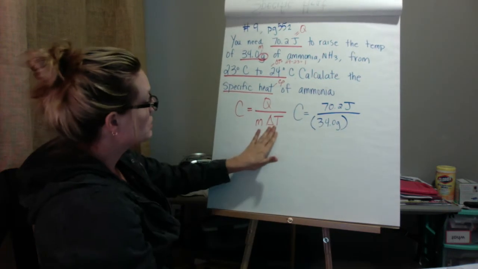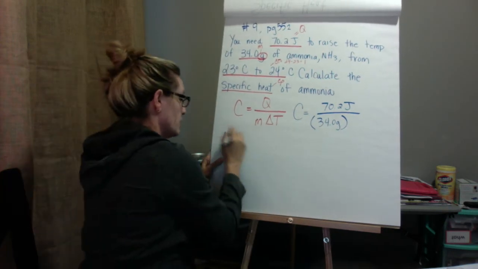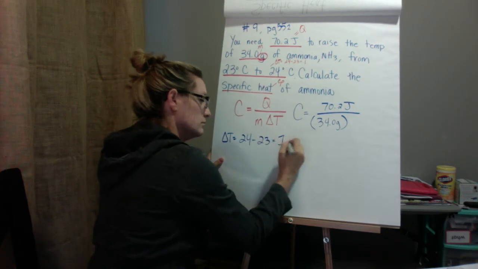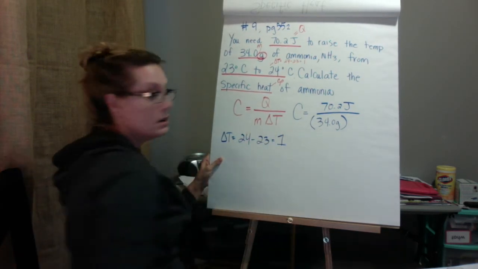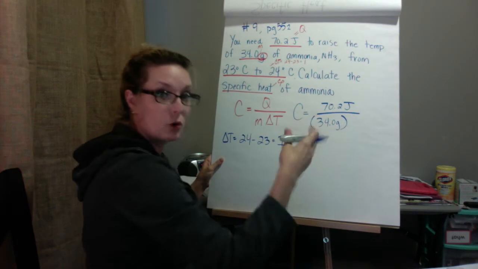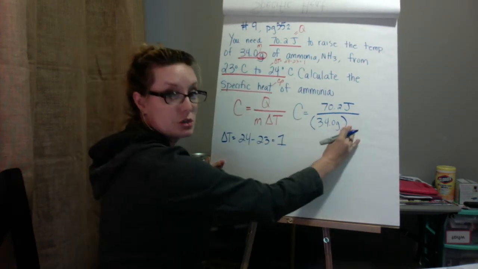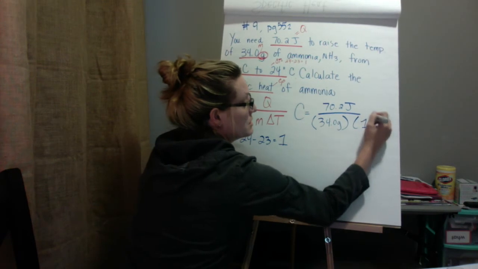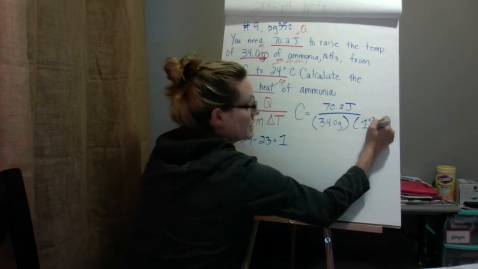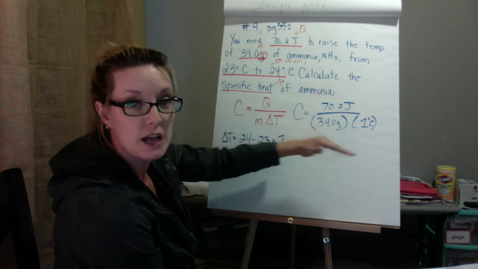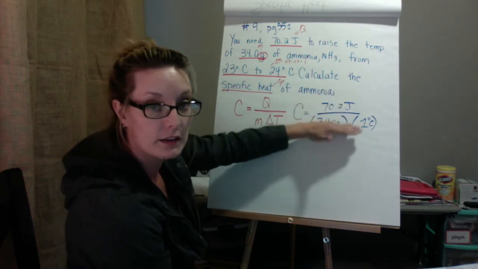The change in temperature, now you can either write this down here. Change in temperature was 24 minus 23, which is a 1 degree change. Or you can plug it in here, 24 minus 23. I prefer to do it here. That way I can just plug the actual change here. So the change is 1 degree Celsius. Now here I have simple math, order of operations. I have to multiply first before I can divide.